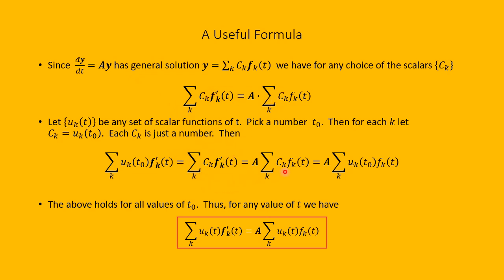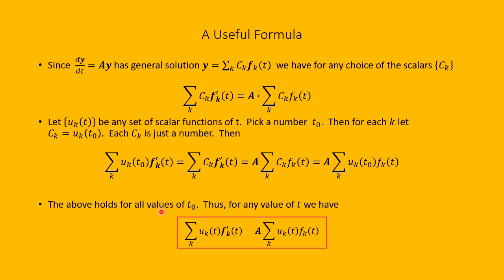So this thing has to equal a times this sum. But for this sum, remember the c sub k's are u sub k of t naught. So what we have here is the sum of u sub k of t naught f sub k prime of t is equal to a times the sum u sub k of t naught f sub k of t.